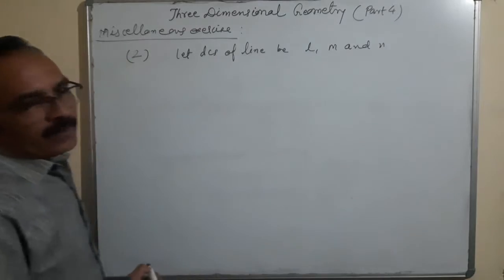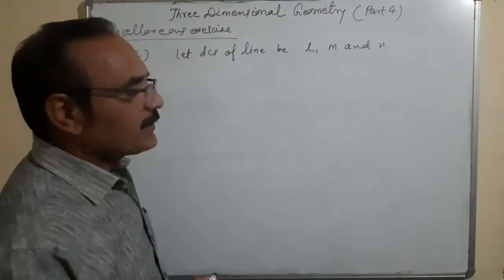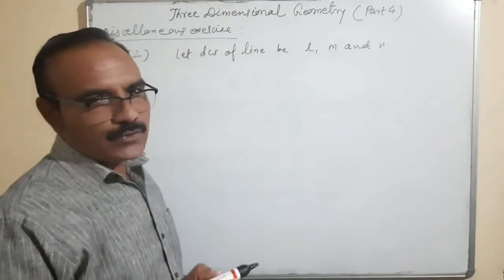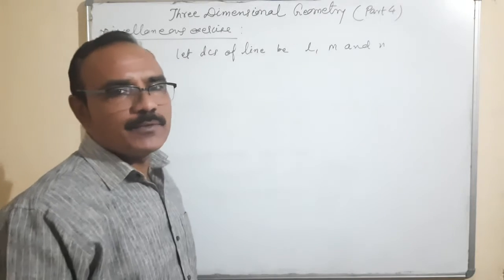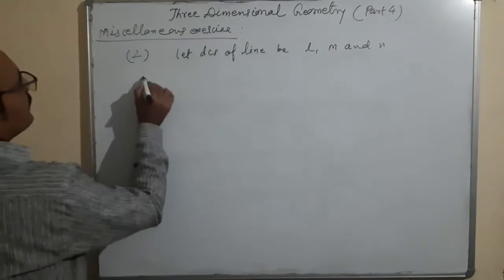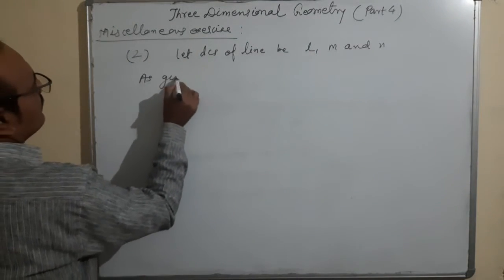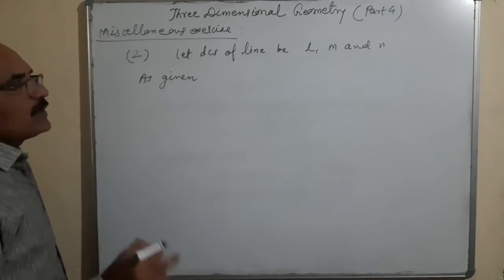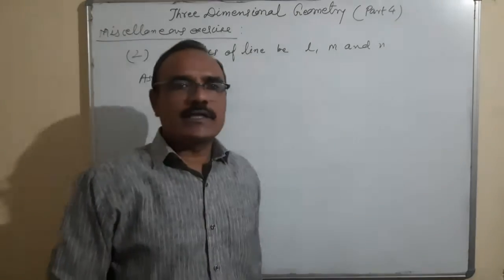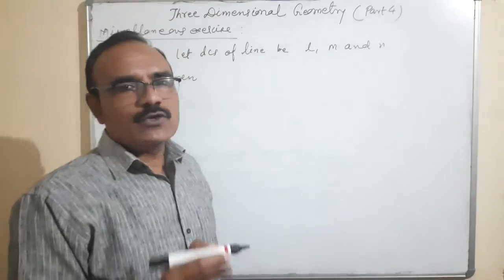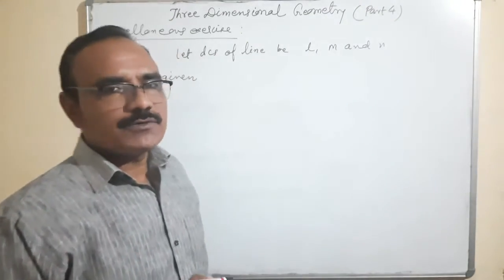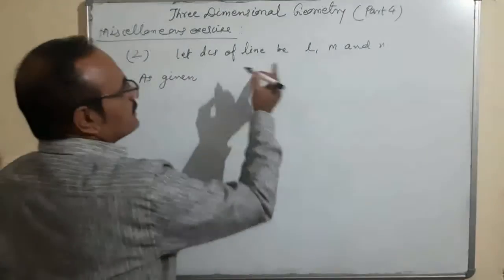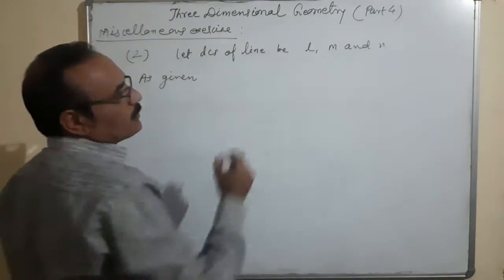Two mutually perpendicular lines are given, their direction cosines are l1, m1, n1 and l2, m2, n2. Because these two lines are mutually perpendicular, l1 l2 plus m1 m2 plus n1 n2 is equal to 0, as well as these lines are perpendicular to that line also.